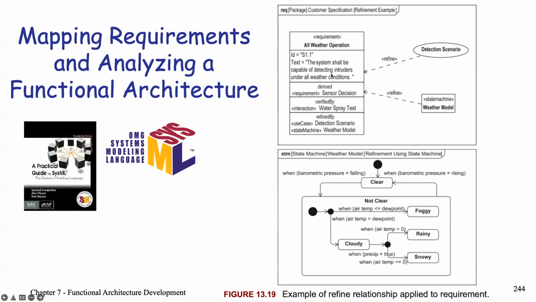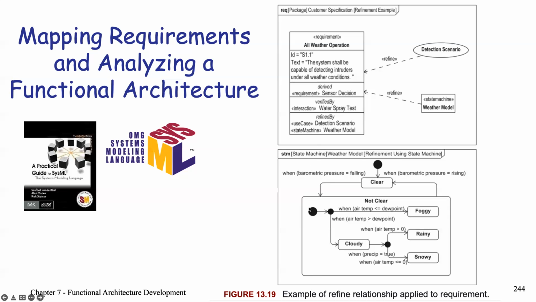That's the most general requirement that we have. It's derived from a sensor decision. It's verified by a specific test, a water spray test, trying to give a challenging environment. And it's refined by the detection scenario and a weather model.